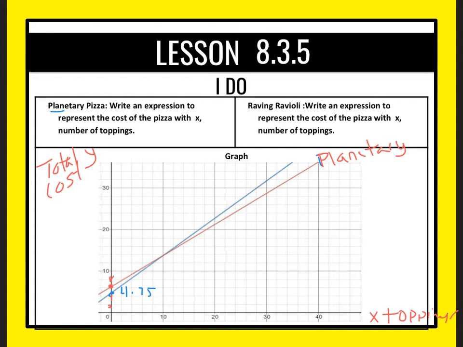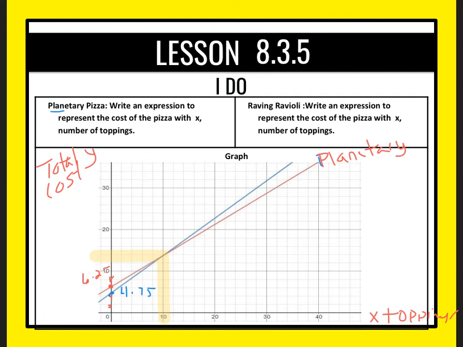And then Planetary started at 6.25, right? But look at what happens at 10 toppings. And I think this is really important for you to observe that at 10 toppings, look at that, really cool. The cost is going to be exactly the same.